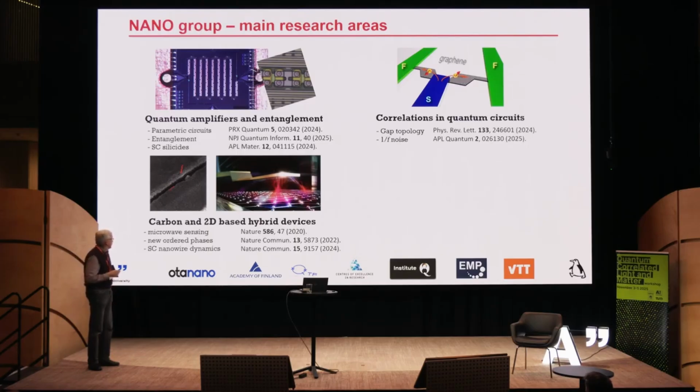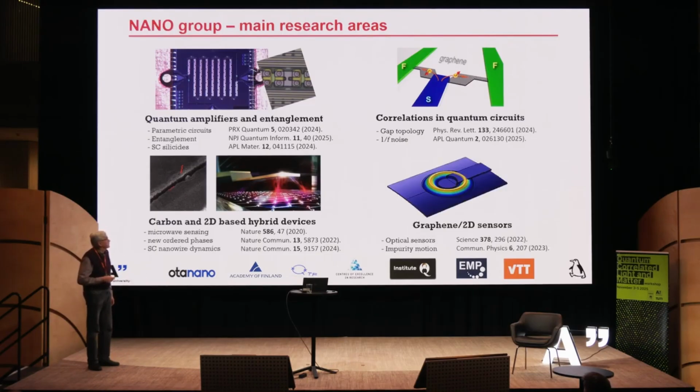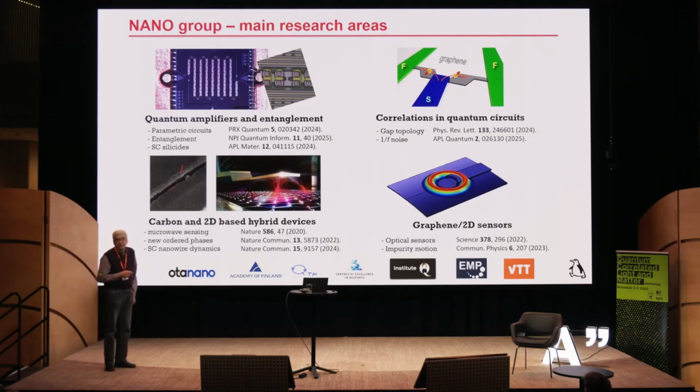And the nanowire dynamics, which is listed here last, this is the topic that I'm going to talk most about today. We have done lots of graphene and 2D material devices for sensing. For example, suspended graphene is very clean. You can introduce impurities and study the impurity motion and verify theories on the basis of this.